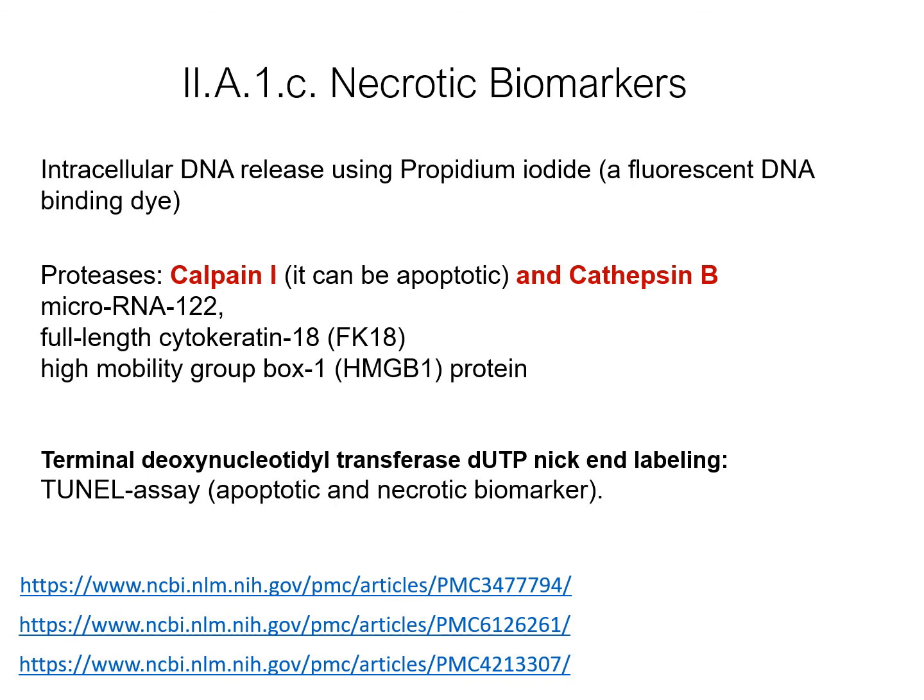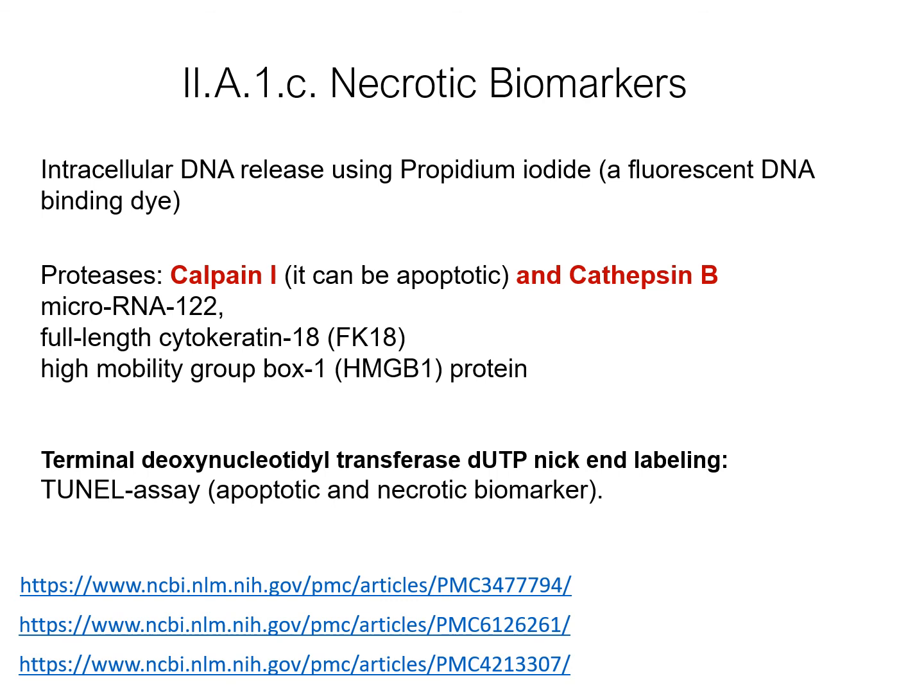And then it's also commonly seen the use of the TUNEL assay, which is a method for detecting DNA fragmentation by labeling the 3' hydroxyl ends in the double-strand DNA breaks. So this TUNEL assay is also used to determine necrosis, but again, it can also be used as an apoptotic biomarker.